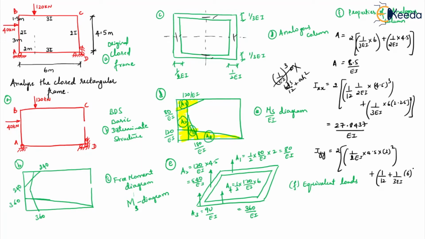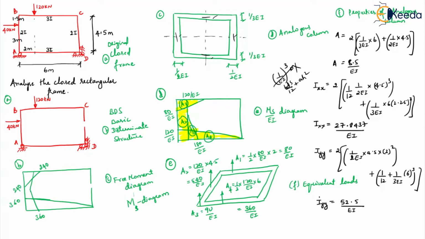So wherever 1 by EI whole cube is coming, that will get vanished. Okay, so this on simplification will give you 52.5 by EI. So this is your Ixx and this is your Iyy.